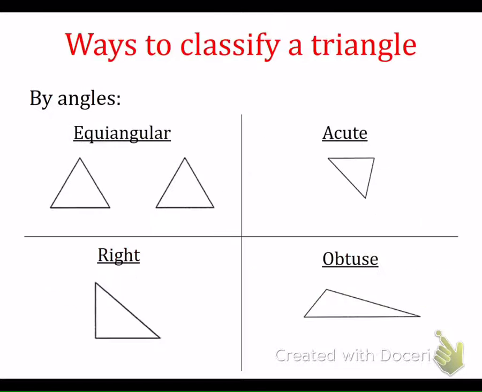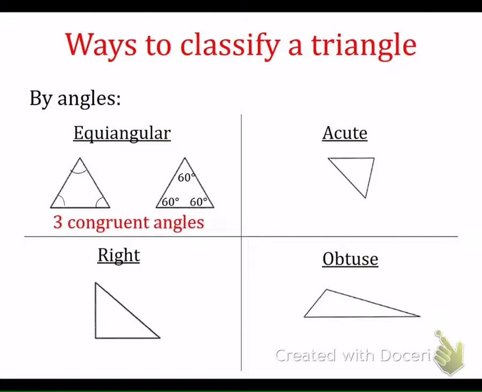I'm sorry. So when you classify them by angles, there's actually four options. The first one is equiangular. When three of the angles are congruent, it's equiangular. So they can all be marked congruent, or you can know that they're all 60 degrees. 60 degrees is the only one that will ever be equiangular.